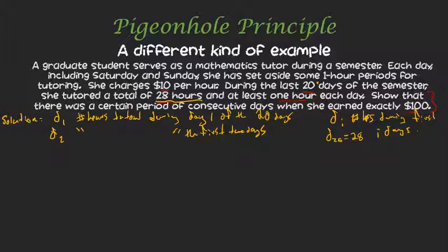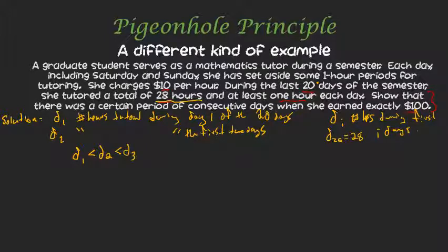Now, I want to draw attention to the fact that she worked at least 1 hour each day. What this tells me is that these D sub i's are distinct. So what do I mean by that? Well, since she tutored at least 1 hour every day, D sub 2 compared to D sub 1 had to go up by at least 1. It could have gone up by more, but she tutored at least 1 hour during the second day, and so that running total must have gone up by at least 1, and so it's strictly bigger than the first running total.